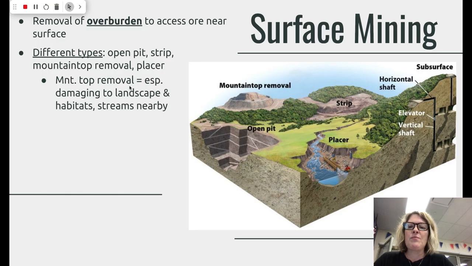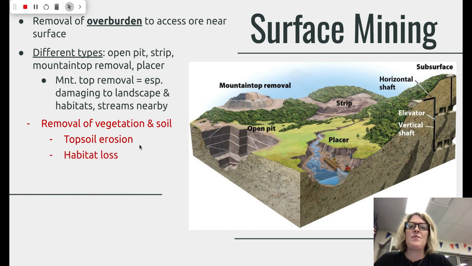So mountaintop removal is especially damaging to the landscape. It's damaging to the habitats. It's damaging to nearby streams. Because basically you're removing the vegetation and the soil. There's a lot of topsoil erosion that occurs as a result of surface mining. We end up losing a lot of habitats for those animals that lived there previous to the mining excavation that occurs.